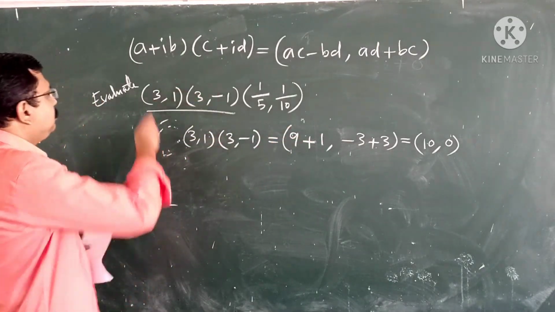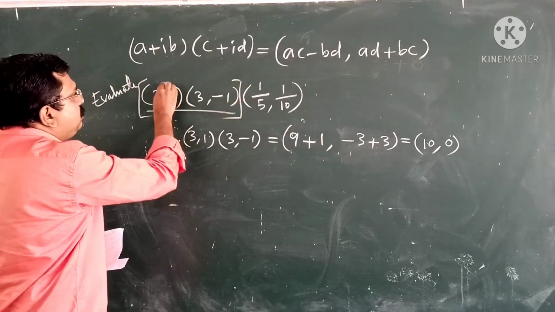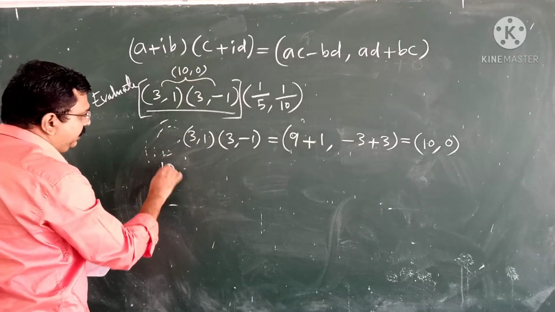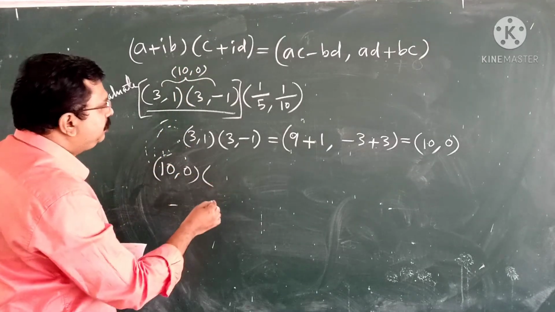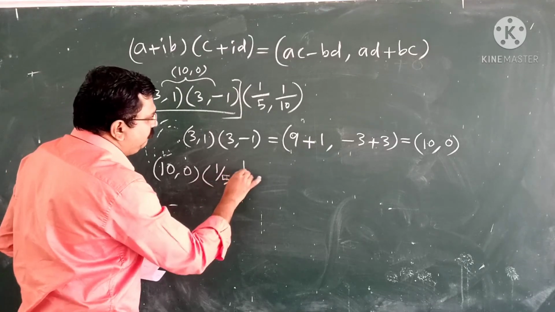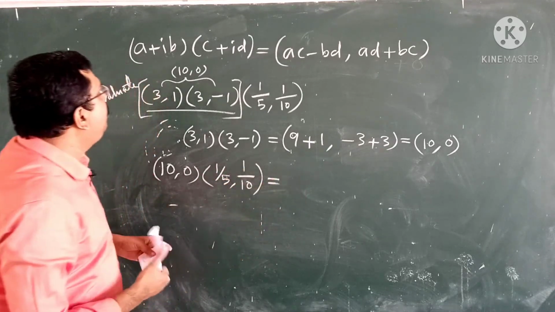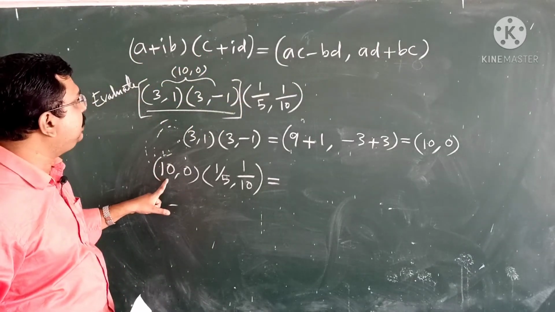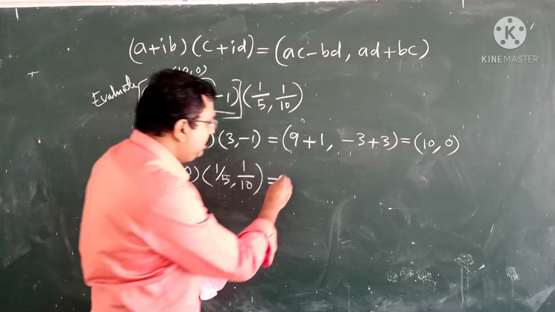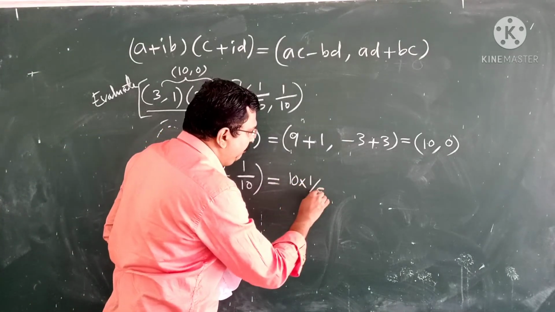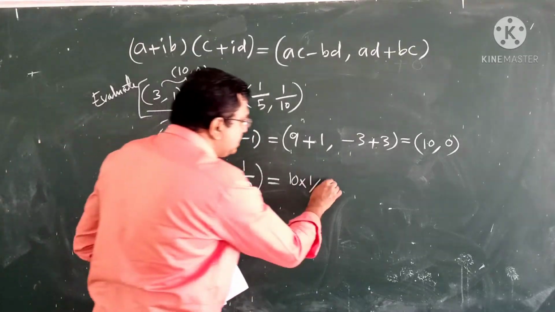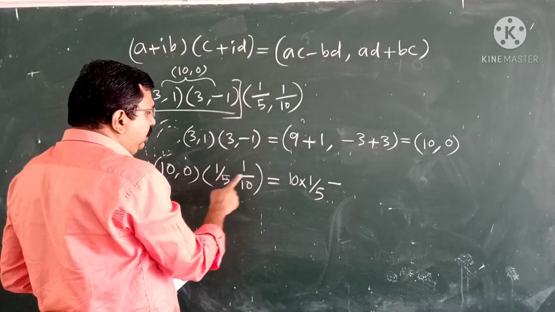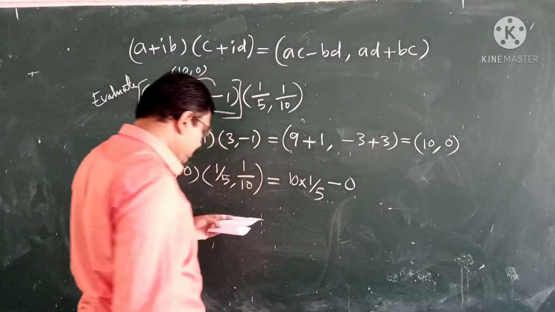Then we obtain this value, which is equal to (10, 0). Next, (10, 0) into (1 by 5, 1 by 10), which is equal to: first we want a into c. Here a is 10, c is 1 by 5. That is 10 into 1 by 5, minus b into d. Here it is 0 into 1 by 10, that is 0, comma.